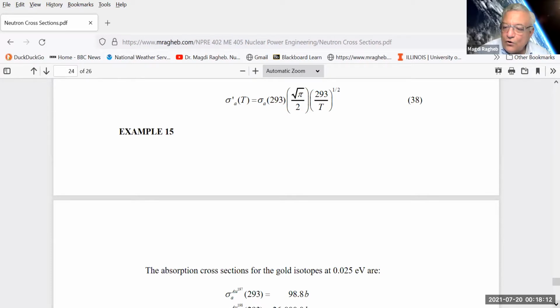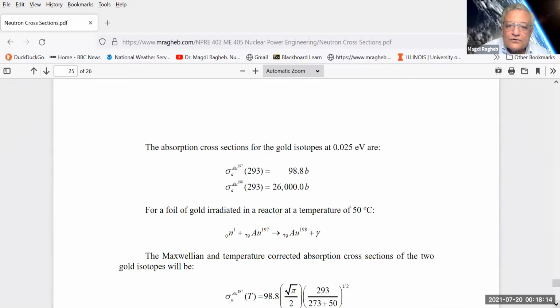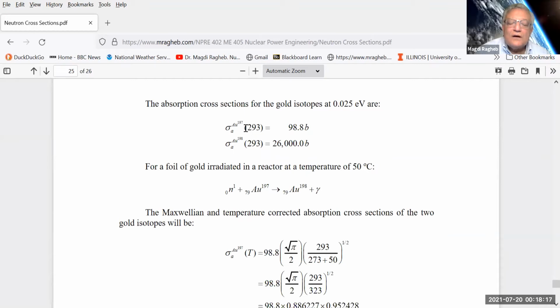For instance, we take gold. Gold has two isotopes, 197 and 198. And notice here the very different cross sections in barns. B is the unit of barns. The 198 absorbs neutrons very readily. It has a cross section of 26,000 barns, whereas the other isotope of gold, 197, has only about 100 barns.